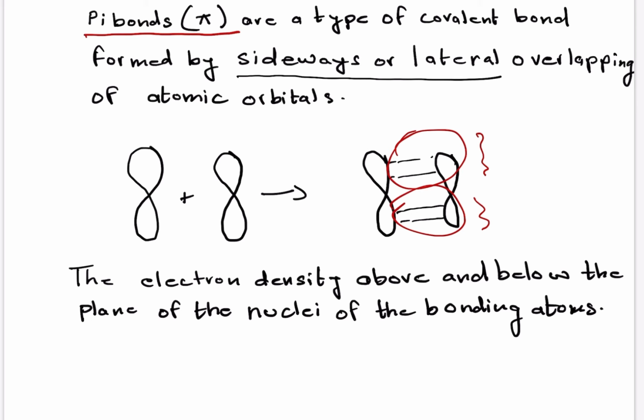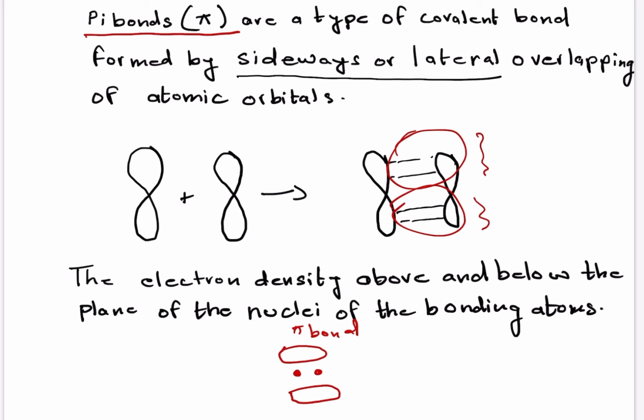We can also show another type of diagram. This is the pi bond, showing electron density at the top and bottom, and then the nuclei of the bonding atoms.